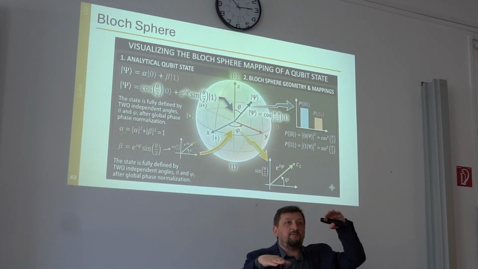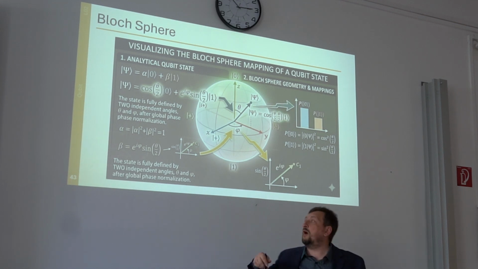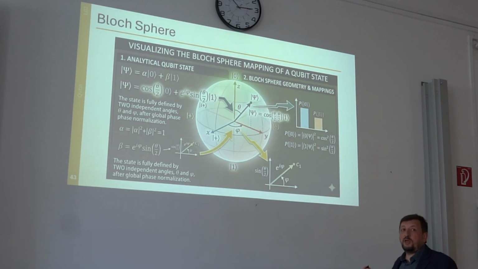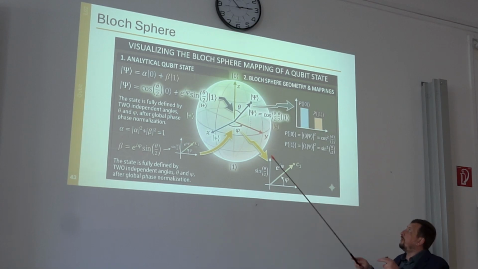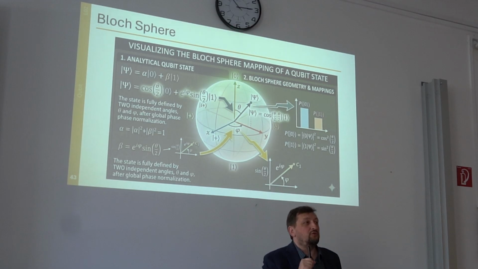If we change the relative weight of the coefficients C0 and C1, we are changing the polar angle. If we change the phase between the two components, from 0 to 2 pi and so on, we are moving in the azimuthal direction along the sphere. This sphere is useful.